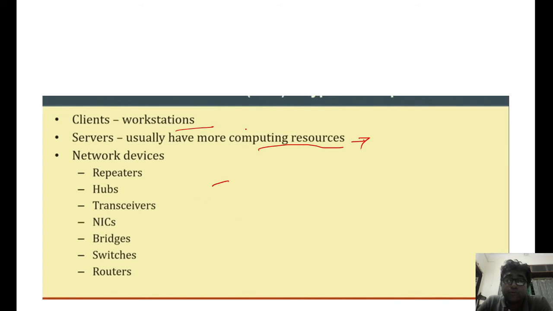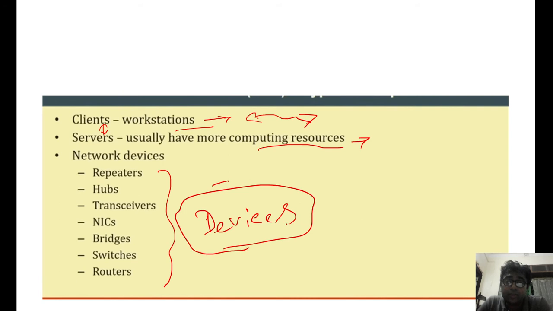To perform the transfer of data from the client part to the server part, we need these devices, and we will have first-hand experience through this online video of how these devices work.